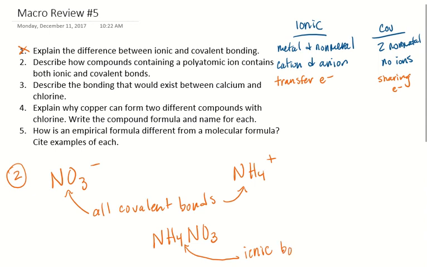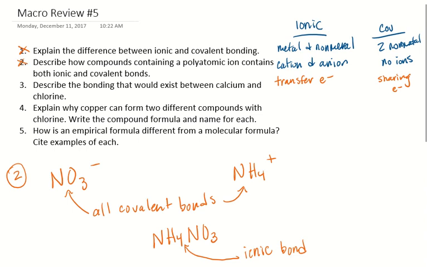An ionic bond. So, within ammonium nitrate, NH4NO3, we have quite a few covalent bonds as well as an ionic bond. So with polyatomic ions, we can have both covalent and ionic bonding. That is what number 2 is getting at.